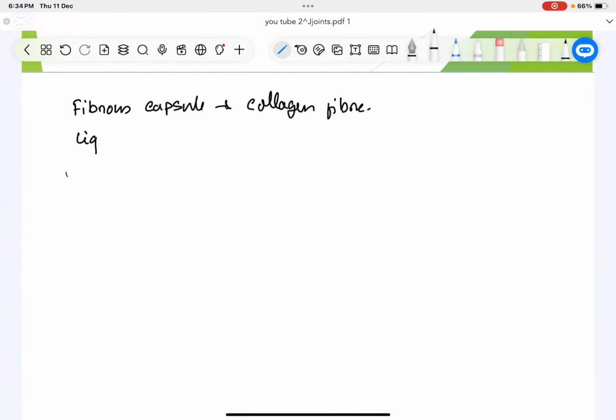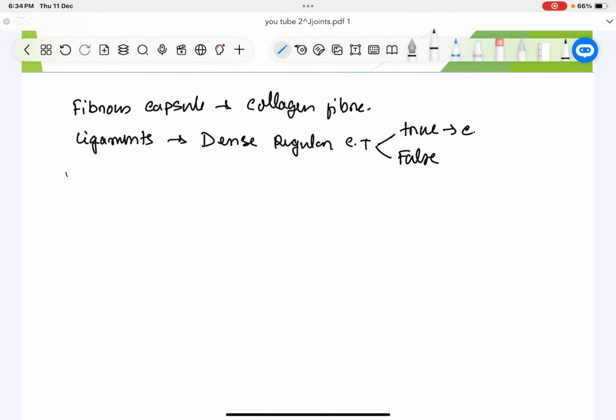Then we have ligaments. Ligaments are also connective tissue, dense regular connective tissue. And usually we can get in our body two types of ligaments. We are saying one is true ligament, another one is false ligament.